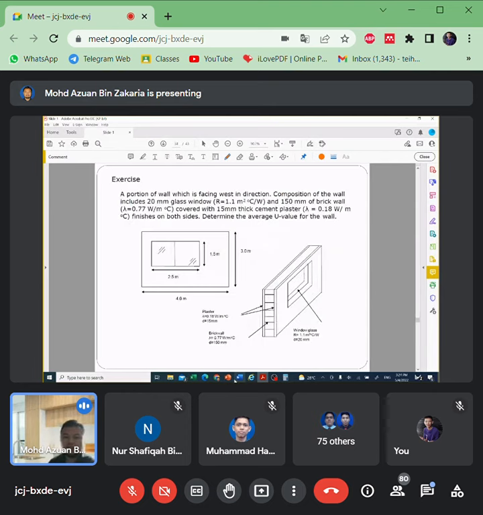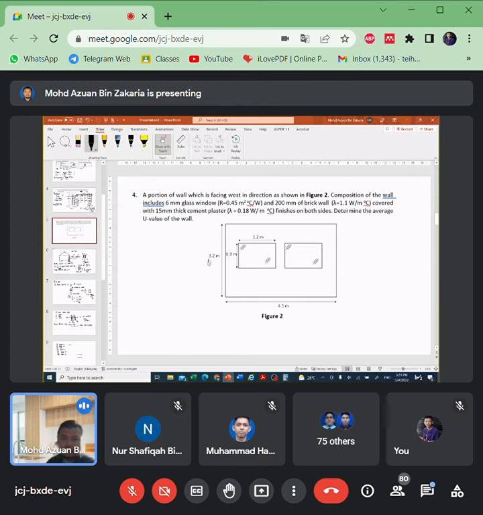Okay, let's do this question. This question has a wall, 3.2 times 4.5, and then we have windows. The composition of the wall is 6mm glass window, and then 200mm of brick wall, covered by semi-plaster finishes on both sides.